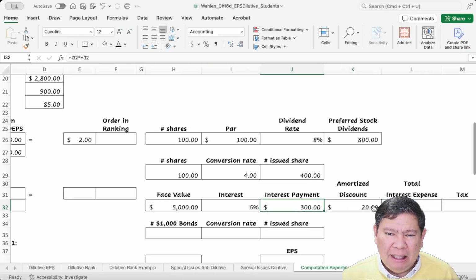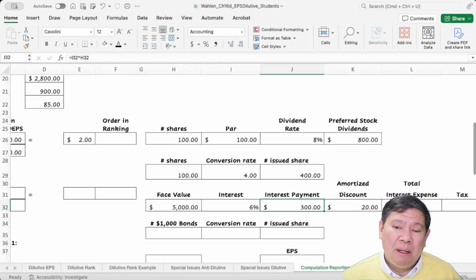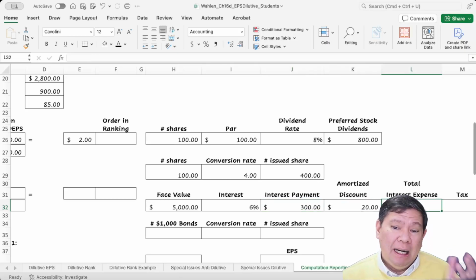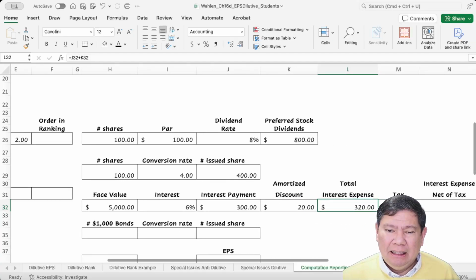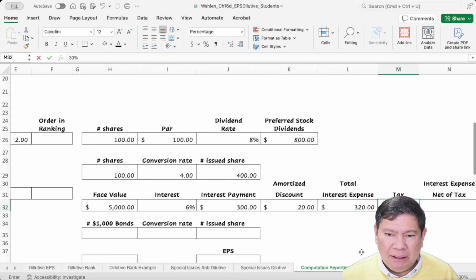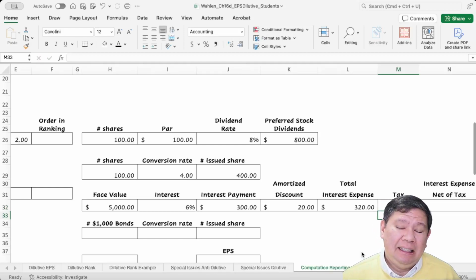Interest payment is $300, and if you remember chapter 14, when there is a discount, the interest expense will be the interest payment plus the amortization of discount, $320. The tax is 30% because interest is tax deductible.